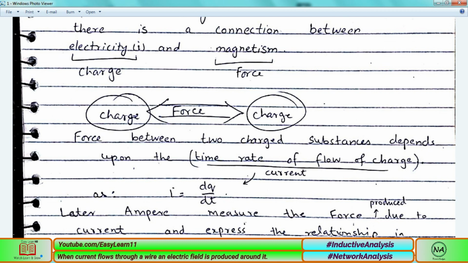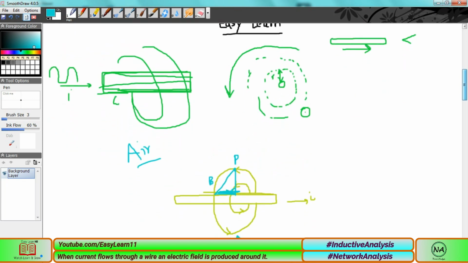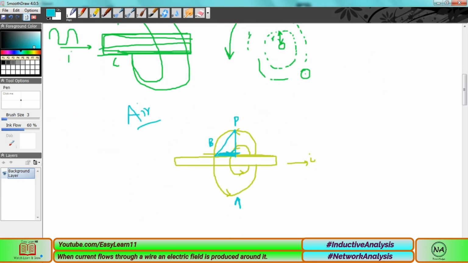If there is a higher current, like suppose I was just explaining the Urdu variant before the English variant lecture. Suppose that this is a wire and the current intensity is, for example, 5 ampere, and with 5 ampere there is an electric field around this, suppose an electric field due to the current.